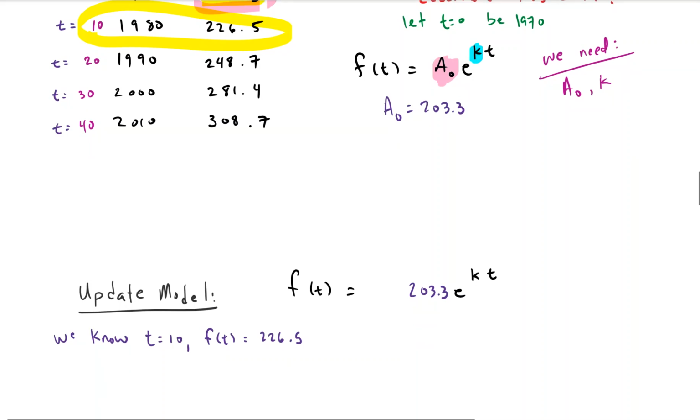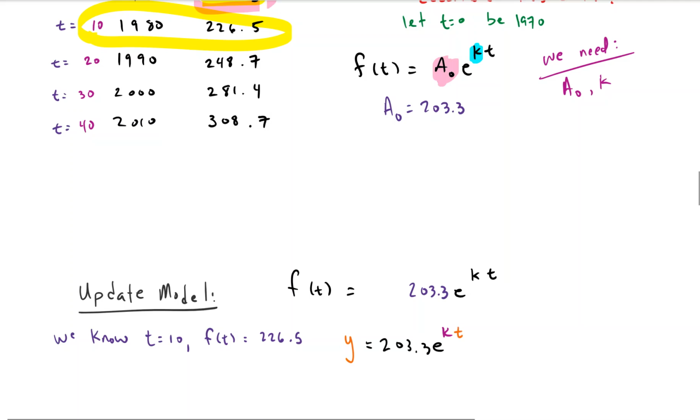So our model would look like this: y equals 203.3 e to the kt.